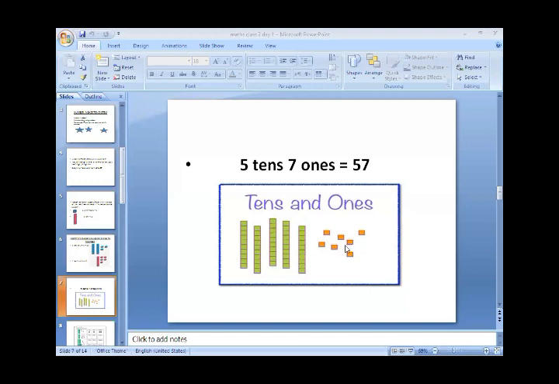These small blocks show ones, so we write here 7 ones. 7 means 7 because here are 7 blocks. 5 tens, 7 ones makes number 57. And the place value of 5 tens is 50 and the place value of 7 ones is 7. So 50 plus 7 is 57.